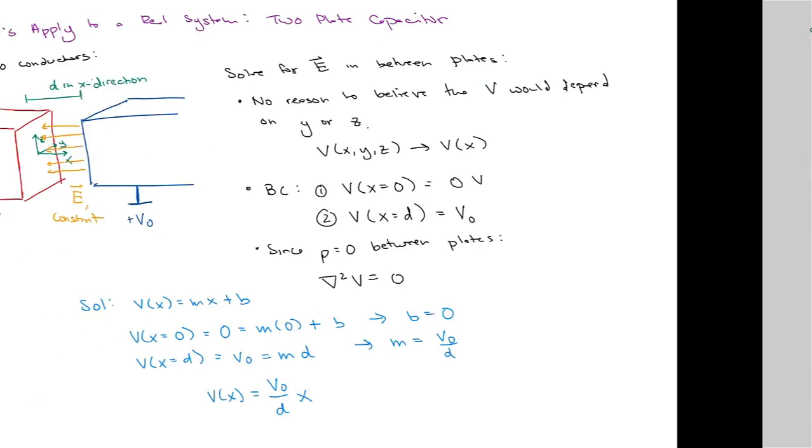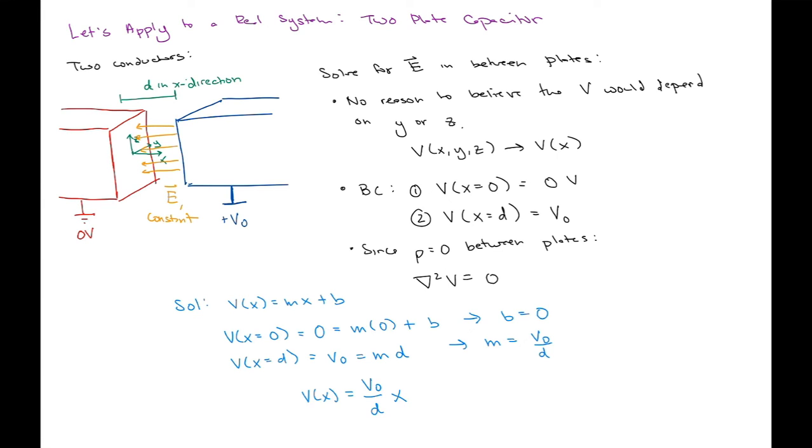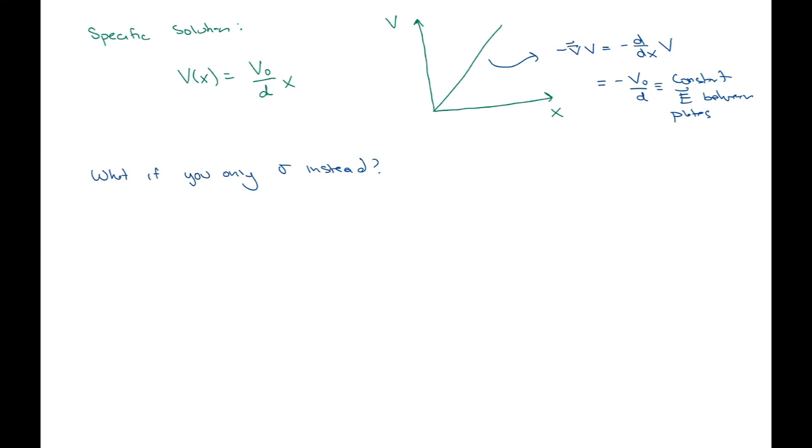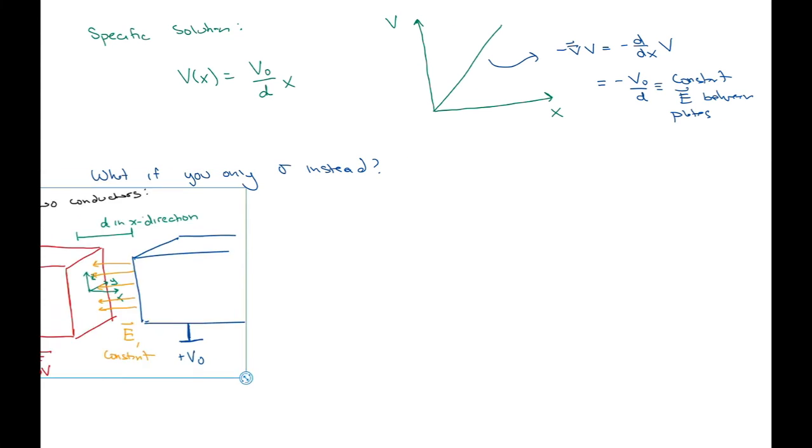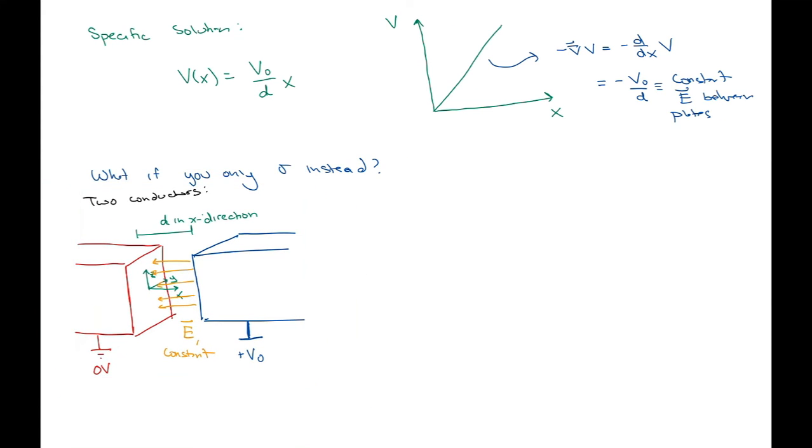Okay, well, we can start with a similar picture here. I'm going to cheat a little bit and copy and paste this here. Get rid of some of this stuff just to make it a little easier. And now I'm still going to have the leftmost plate at ground.